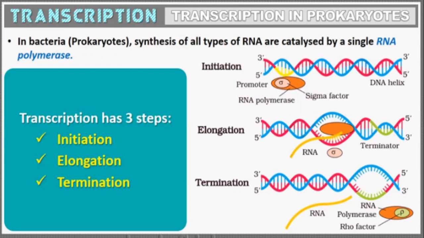In prokaryotes, both transcription and translation take place in the same compartment, that is within the cytoplasm, where the nucleus is absent. The key enzyme for transcription in prokaryotes is RNA polymerase. Is that clear?